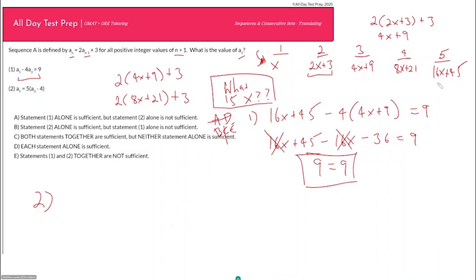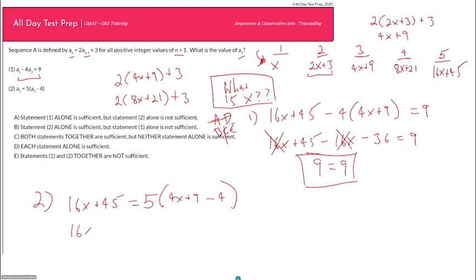So now, because we already have our sequence written out up until the fifth term, that should be equal to 5 times the third term minus 4. So let's see if this is also going to lead us to a quick answer.